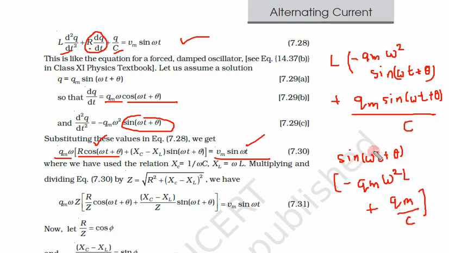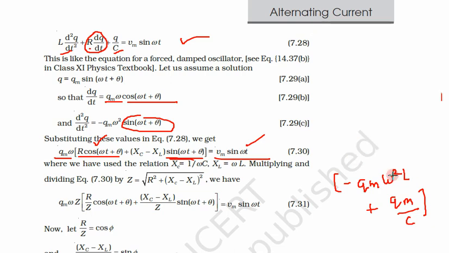Okay, so this is what we have. So sine omega t is here. Let us solve this remaining part: minus qm omega square L plus qm by c.